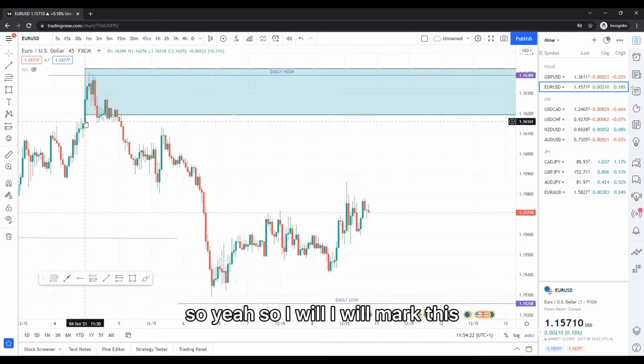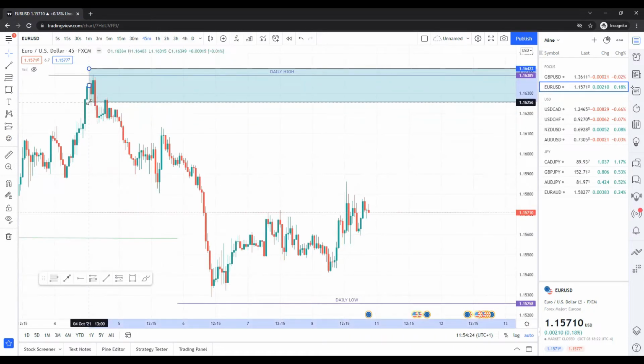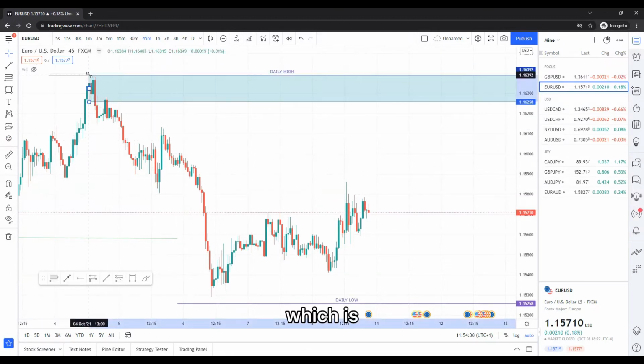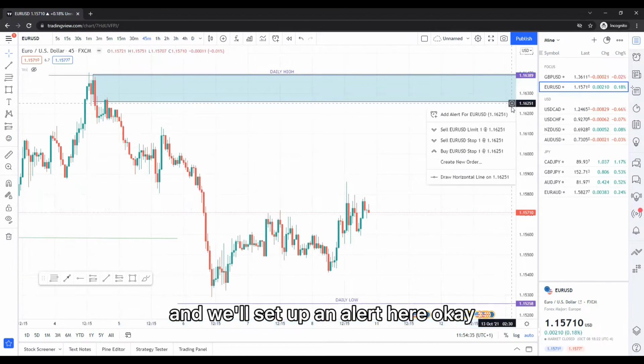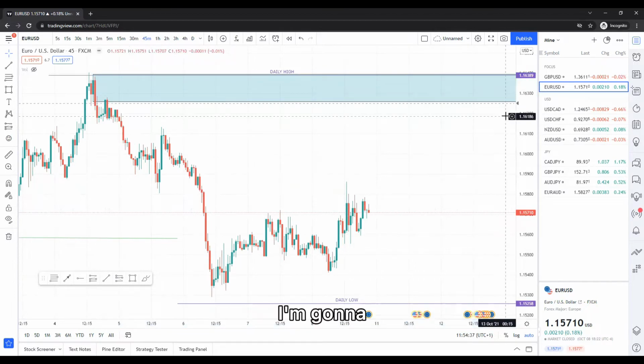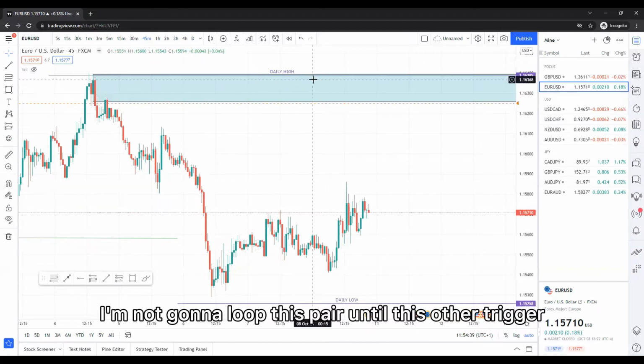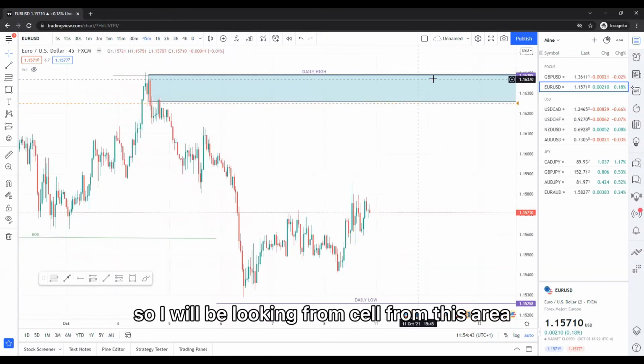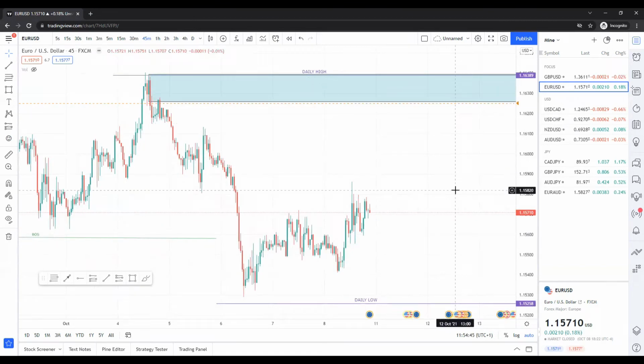So I will mark this on this candle, which is here, and we'll set up an alert here. And that's it. I'm not going to look at this pair until this alert triggers. So I will be looking to sell from this area.